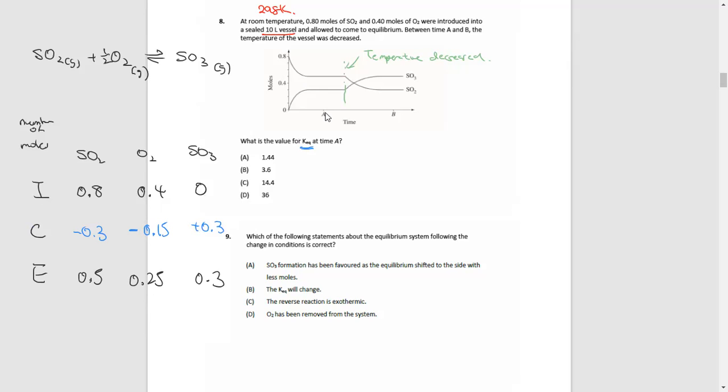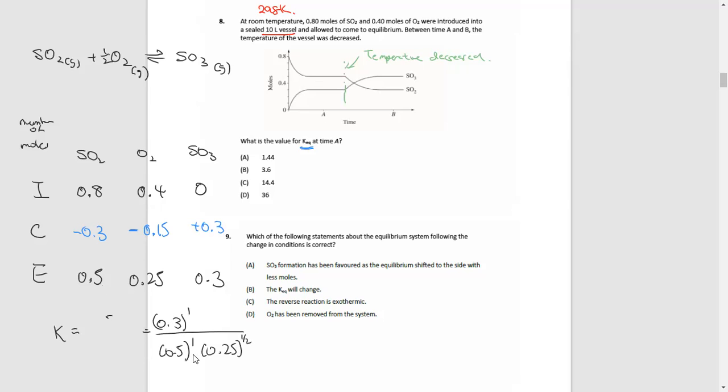Now, what many students may do at this point is then say K equals, well, SO3, which is 0.3, to the power of 1, all over SO2, which is 0.5, to the power of 1, and 0.25 to the power of a half.